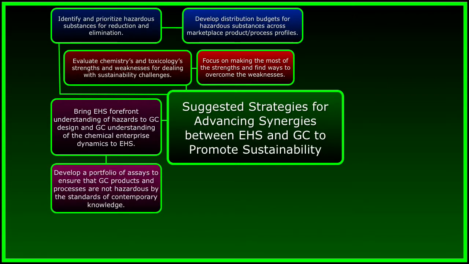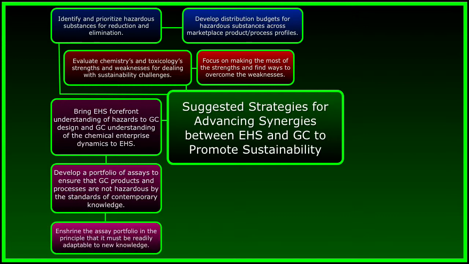We need to develop a portfolio of assays to ensure that green chemistry products and processes are not hazardous by the standards of contemporary knowledge, and we need to enshrine this assay portfolio in the principle that it must be readily adaptable to new knowledge.